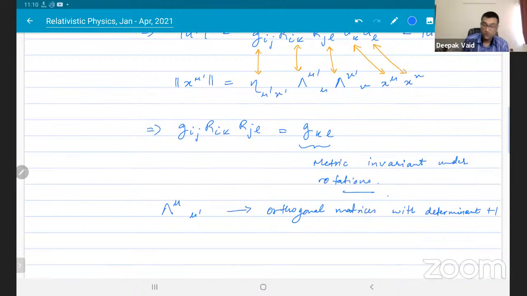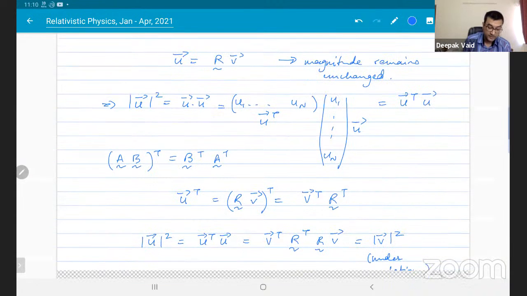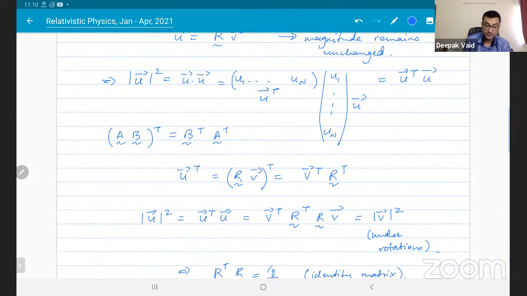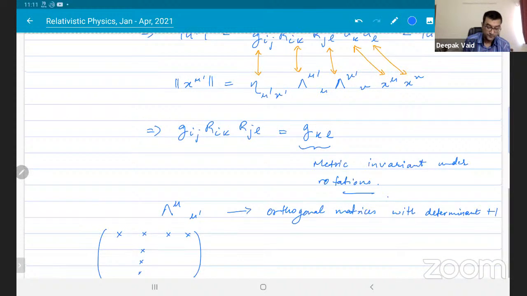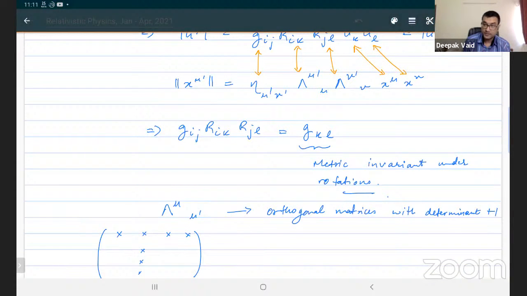Right? But when we say orthogonal, what do we mean? Remember that these are 4x4 matrices. So for three-dimensional vectors, these are all Euclidean vectors. And if you remember, Euclidean means that your distance function is given by the Pythagorean theorem. But we are working with Minkowski space, right?